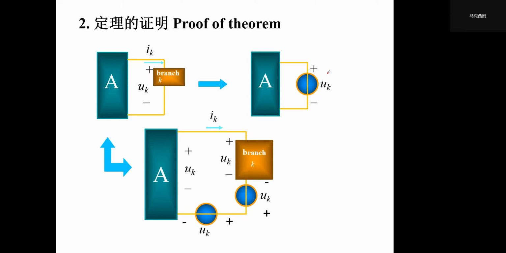If we put this branch into this, we can combine them together, and we put a negative UK here, and we see that the total voltage of this branch will not change, and the total current of it will not change, right?